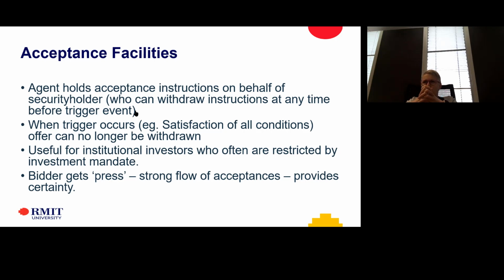So in an off-market bid, basically offerees are accepting bids by submitting their paperwork and basically affecting the register.